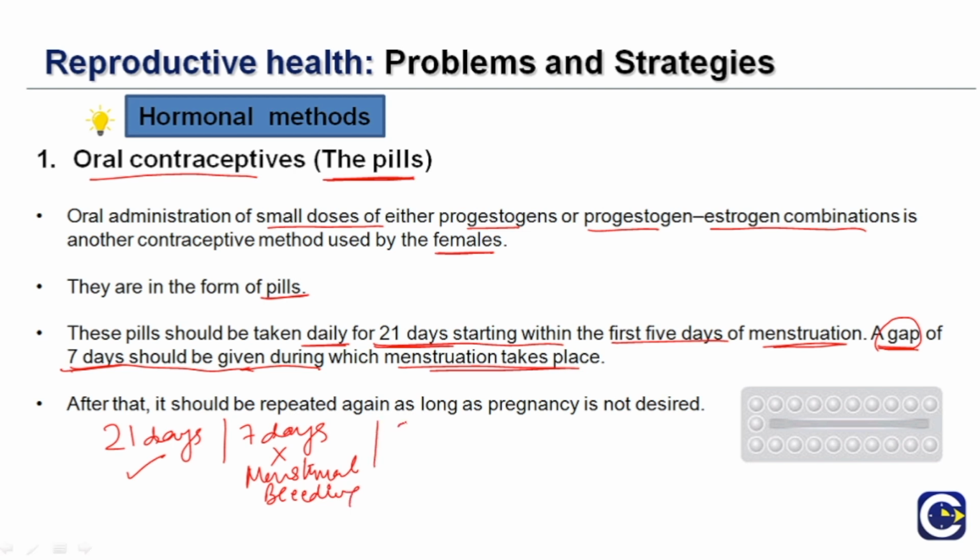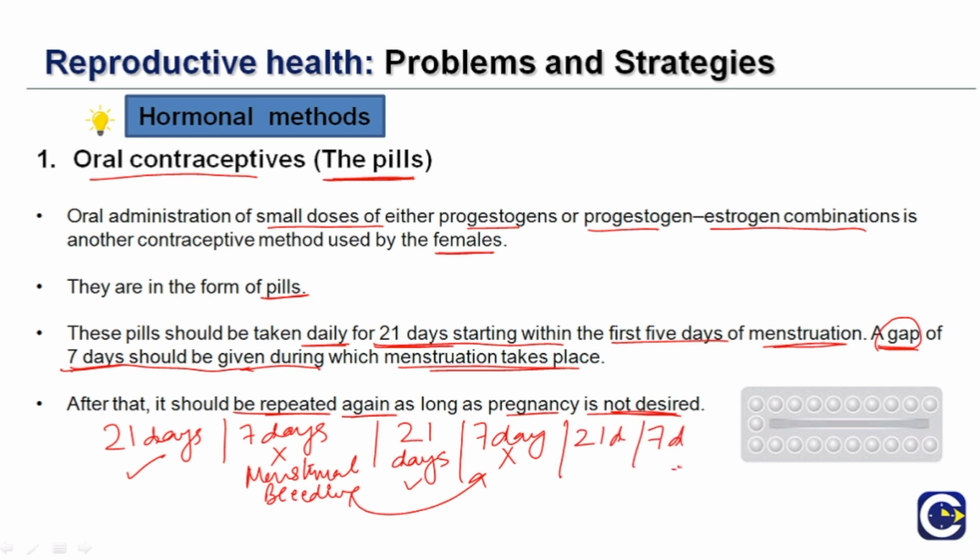Then again for 21 days you take it. So it should be repeated again and again as long as pregnancy is not desired. 21 days on, 7 days off, and keep on continuing this until the time you do not want to be pregnant.